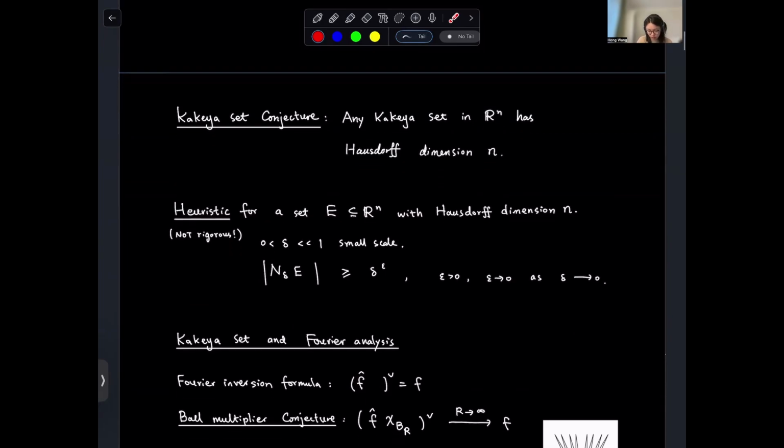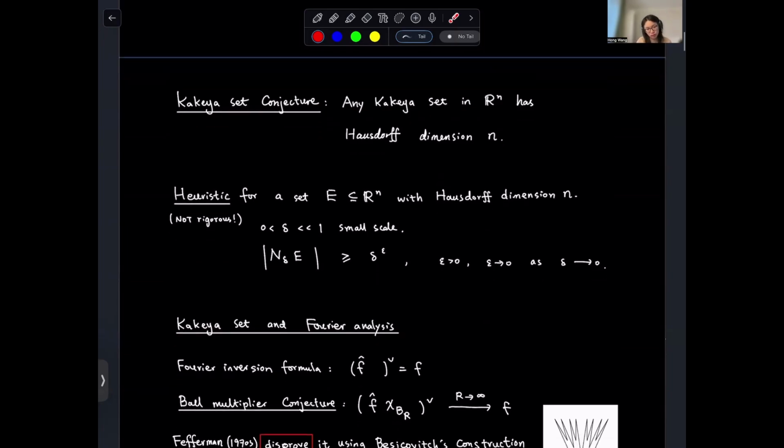The ball multiplier conjecture says that, when we take the Fourier transform and then the inverse Fourier transform, if we lose some information, for example, if we only know its Fourier transform inside a large ball of radius r, then can we still recover the original function as the radius goes to infinity?